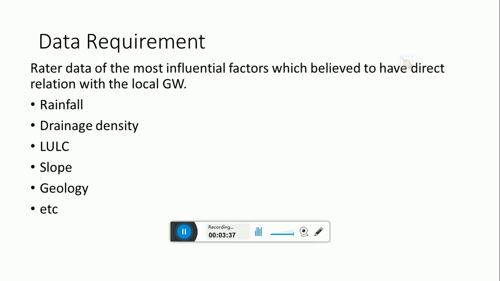Some of them use rainfall, drainage density, land cover, but in other research rainfall may not be important, or slope might not be important. So in order to decide which factors to use, you have to know your study area very well. You have to understand what is happening in the area that you want to have the groundwater potential zone for.